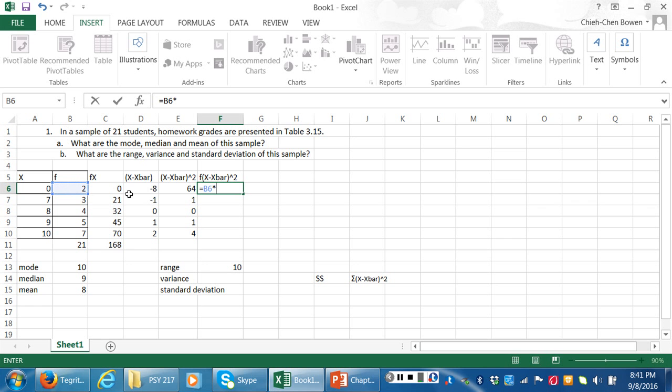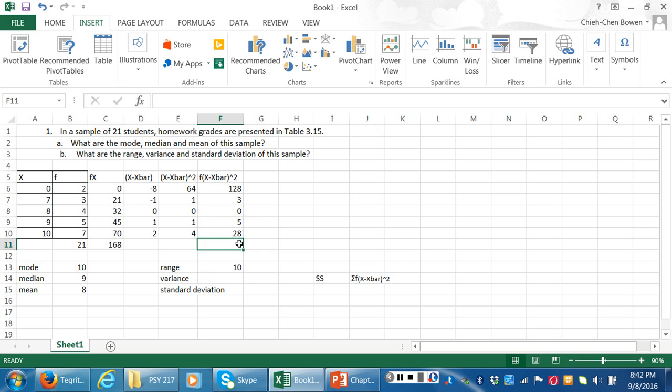So simply do the frequency times the x minus x bar squared. Okay, so that's 128. Copy and paste to the last number. Now everything is pretty much done. The way to remember when you have a frequency table is that the f goes right after the summation sign. That's how you consider the impact of frequency, and that's exactly what we did in the last column here.